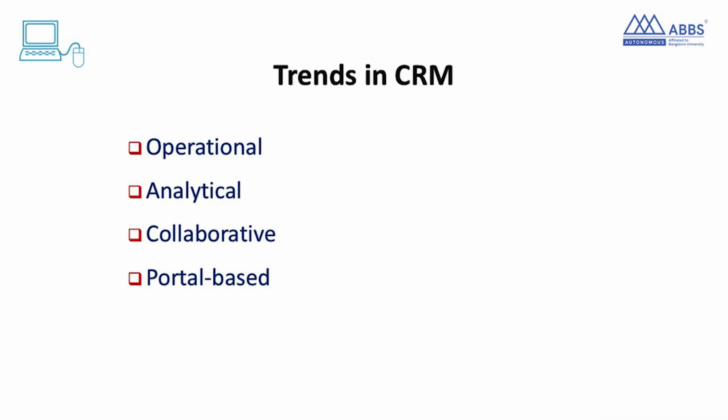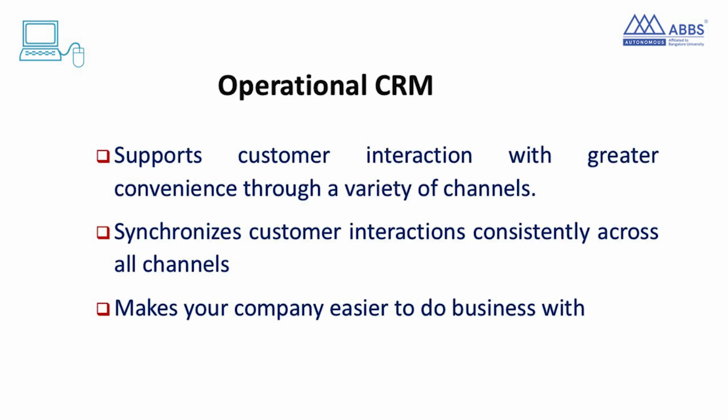Now let us look into the different types of CRMs. We have operational CRM, analytical CRM, collaborative CRM and portal based CRM. An operational CRM supports customer interaction with greater convenience and a variety of channels. These sorts of CRMs are used in the day-to-day activities or operations of the business.